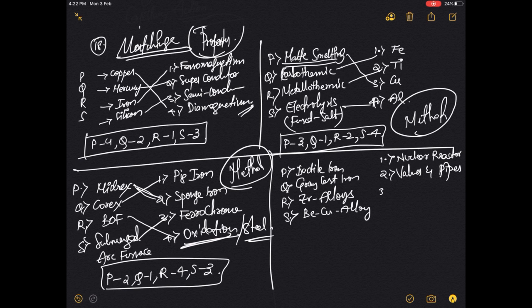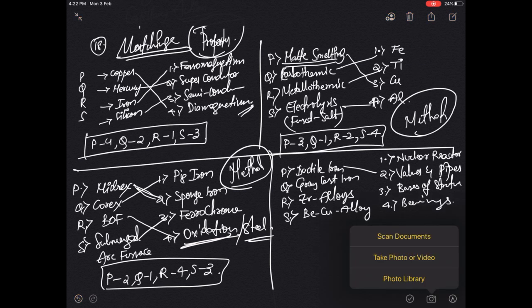As I already said, this is based on application. Basis of structure, heavy structures and bearings. So again, these are direct applications. Ductile iron is used for valves and sewage applications. Zirconium alloys are used for nuclear reactors.